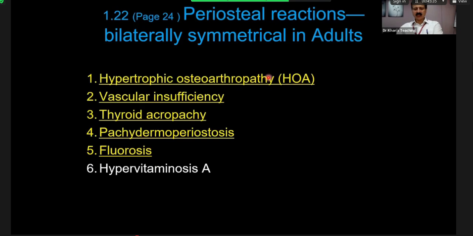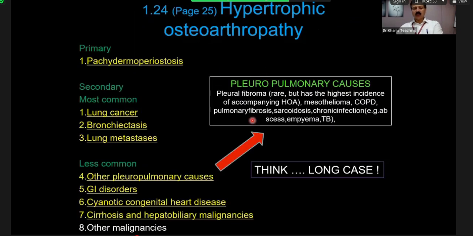Now, this is where the problem is. With HOA, you have to have a clear-cut idea about the causes. And please remember that initially we used to call it hypertrophic pulmonary osteoarthropathy when we joined radiology. Later on we were told not to use that term because it's not just the pulmonary conditions which cause it.